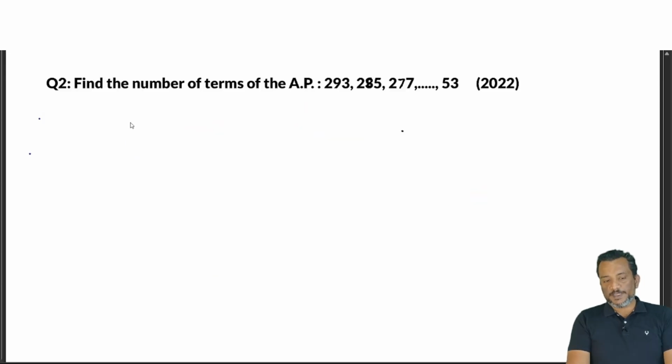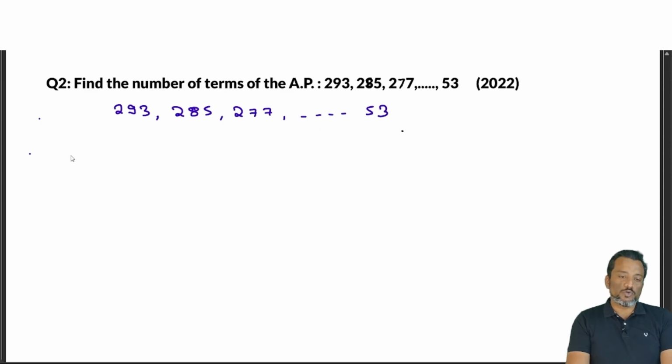Hope it's clear. The second question is saying, find the number of terms of an AP: first term 293, second term 285, third term 277, and it goes up to 53. So first we can say A1 is equal to 293.